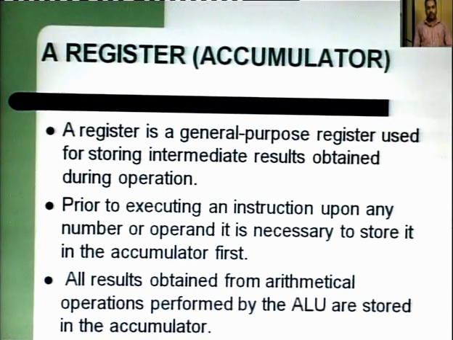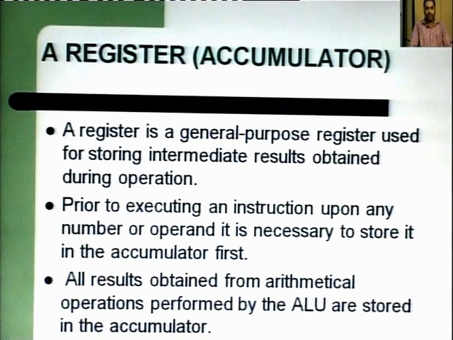Now, let us discuss one by one the major blocks of the architecture of this microcontroller. First one is the accumulator. The accumulator is nothing but a register, a general purpose register. This register is used for storing intermediate results obtained during operations.